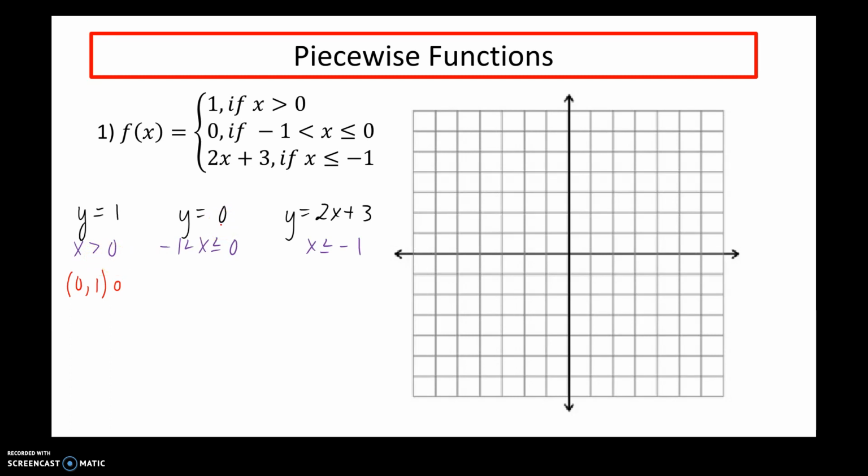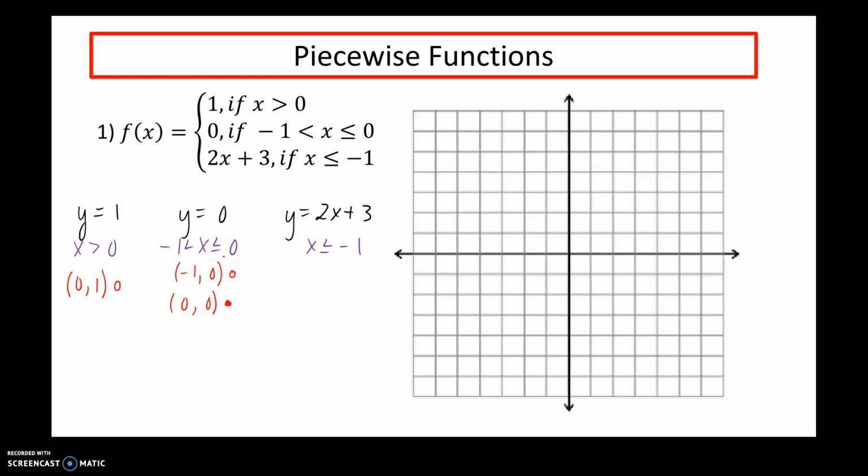On the next piece, when I plug -1 into my function, my y value is 0, because my y value is always 0. It's going to be a hole on the graph. And when x is equal to 0, because that's where my domain ends, my y value is also going to be 0. That's going to be a closed circle on the graph.